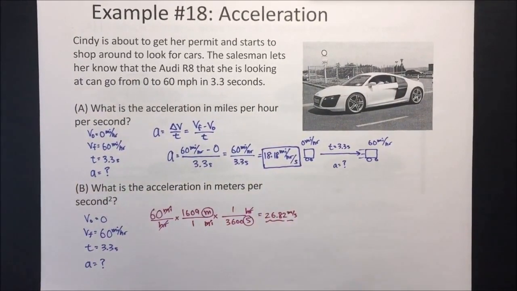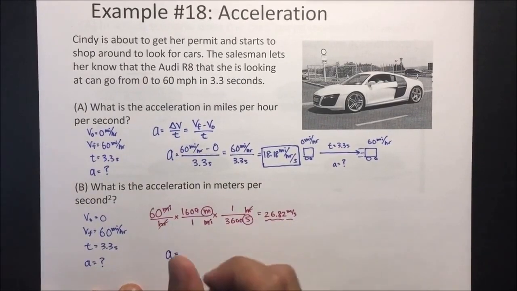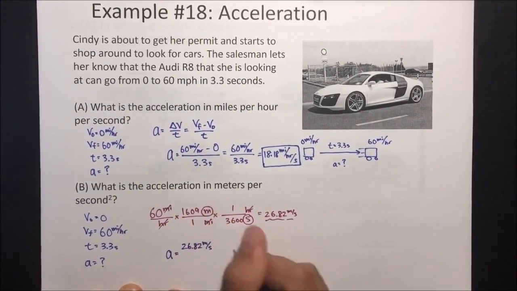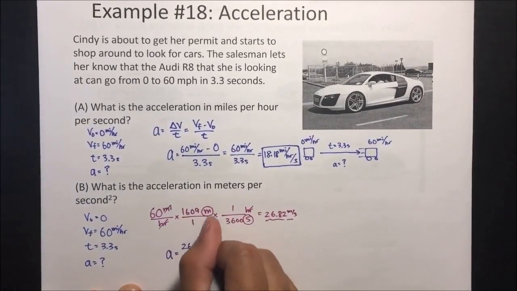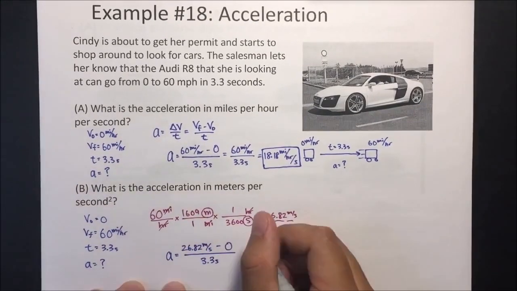Alright, now that we know that, let's go back to our formula. Acceleration is equal to the final velocity, which is 26.82 meters per second, minus our initial velocity, which is 0, divided by time, which is 3.3 seconds.